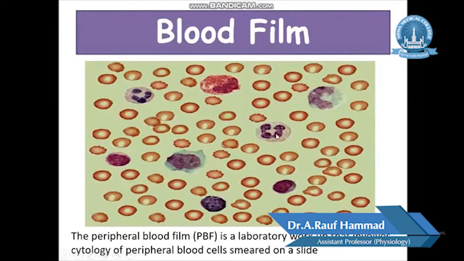They are red blood cells, and the other big ones are the leukocytes, white blood cells. It is a neutrophil having three or four nuclei, bilobed. This is having two to three nuclei. This is having a single nucleus. Okay, that involves the cytology of peripheral blood cells smeared on a slide.